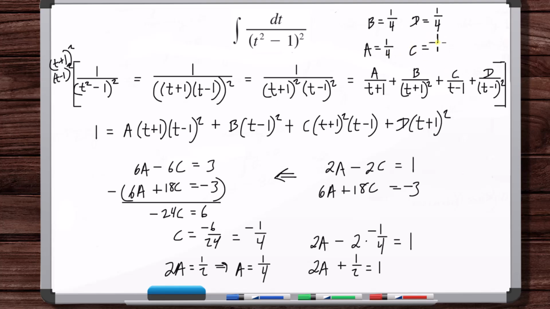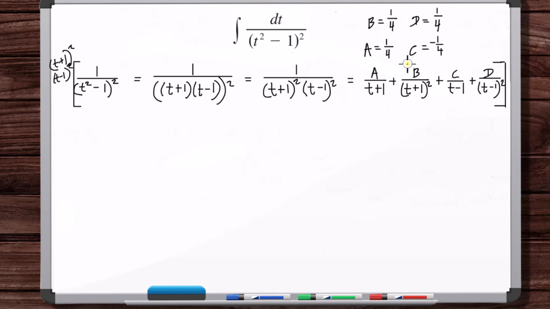C is equal to minus 1/4. Okay, so we've got A is 1/4, B is 1/4, C is minus 1/4, D is 1/4.